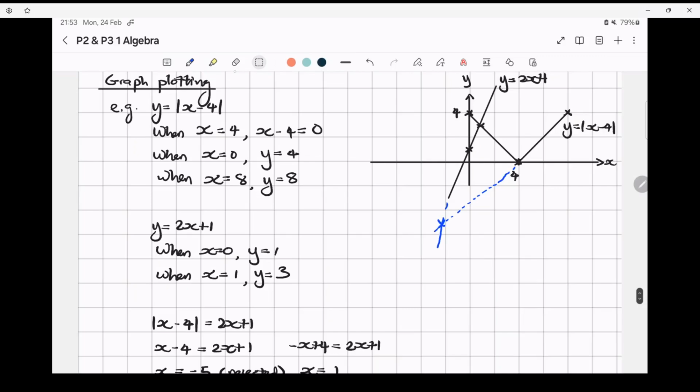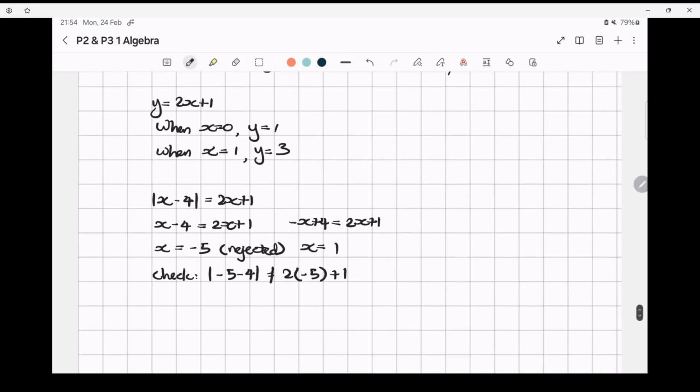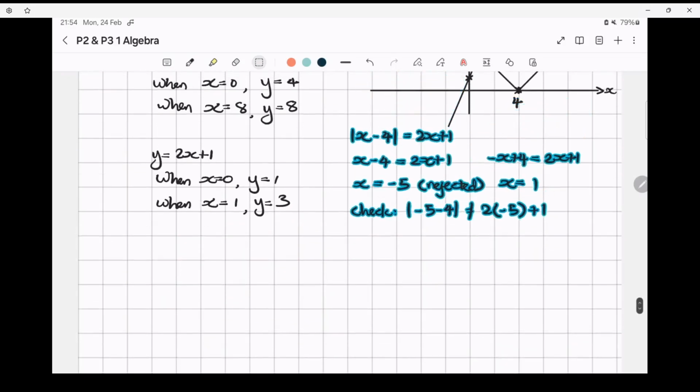So that's the reason why sometimes you only have one solution and you need to check your answer when you solve modulus equations. So this is the explanation for it. So let's move it back here.